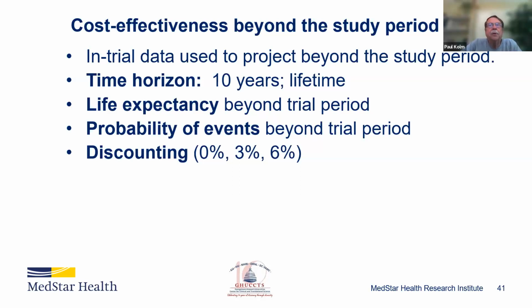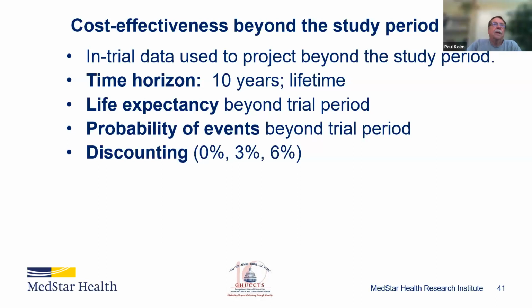So for example, if you are doing a study where most of the patients are elderly, say over 65, doing a lifetime or doing anything beyond, say, 10, 20 years isn't very realistic. Then we also have to estimate life expectancy beyond the trial period, as well as the probability of events beyond the trial period.